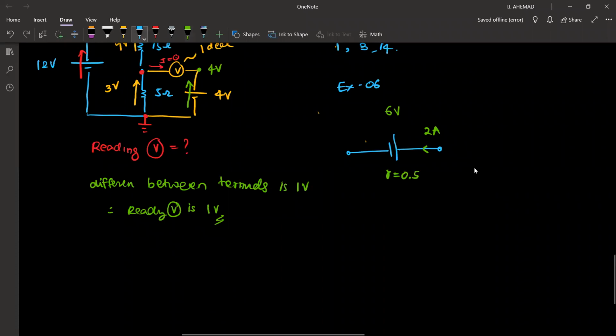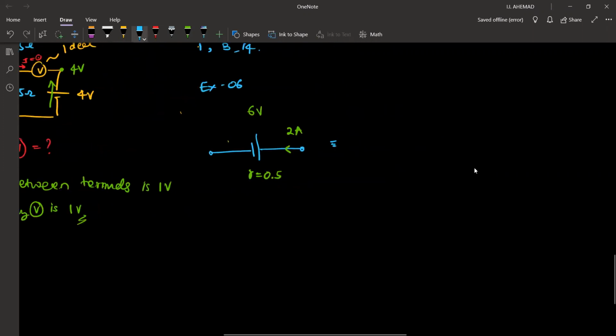Now this setup is identical to an ideal battery with a resistor connected in series, 0.5.